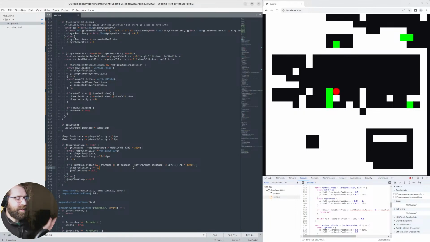But yeah, those are definitely equivalent. It just ended up being a bit easier for me to write the code this way around, where I project ahead. Oh, divide by FPS, that's the issue there, almost certainly. Okay.